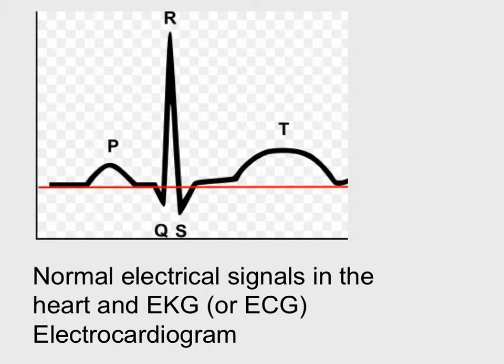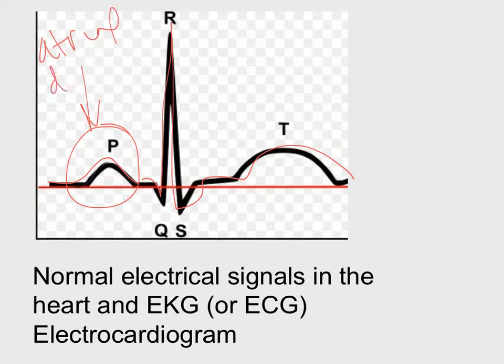A normal electrical signal, or an EKG, looks like this. We have a P wave, then a QRS complex, and then a T wave. This P wave is the signal for atrial depolarization. That means the electrical signal is going to the atria to contract.